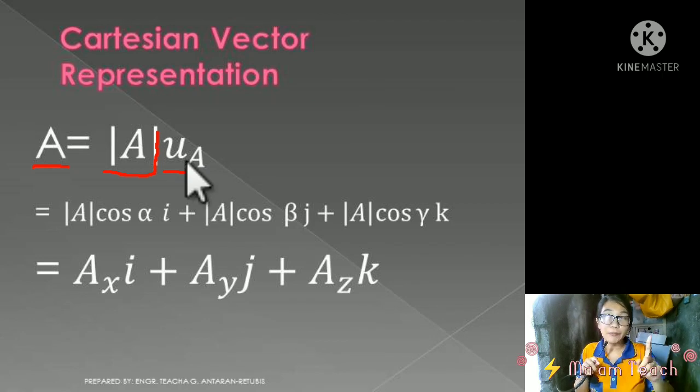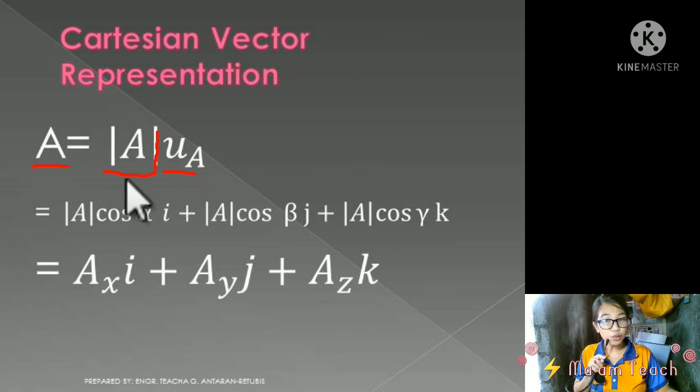But for example, you are given a vector force F, so this will be the unit vector of F. We only use A here to represent any vector. Again, for you to express your vector in Cartesian vector notation, you simply need the magnitude of that vector times the unit vector of that vector.